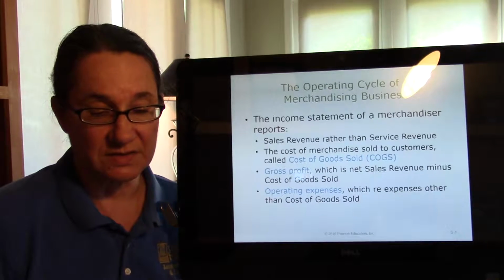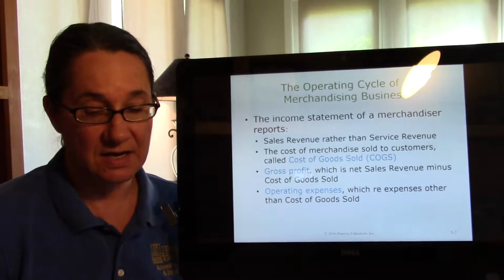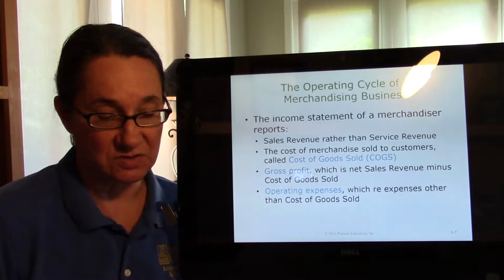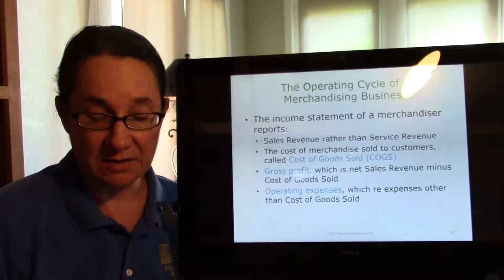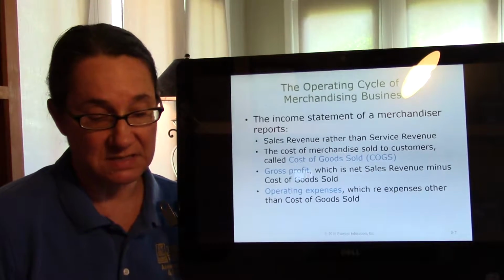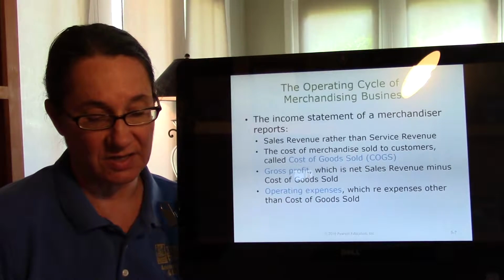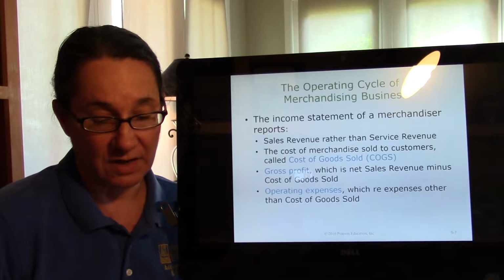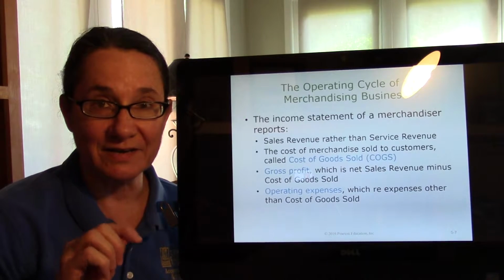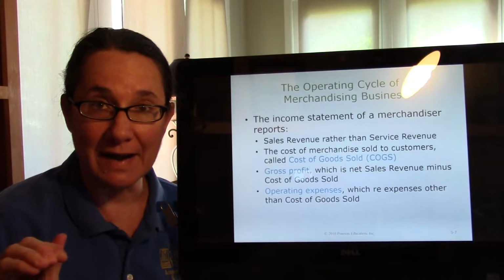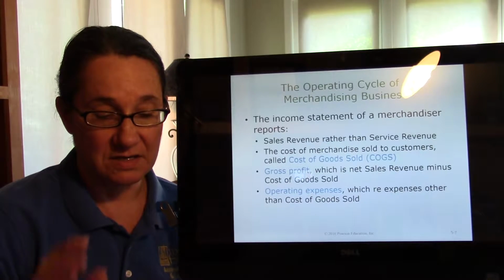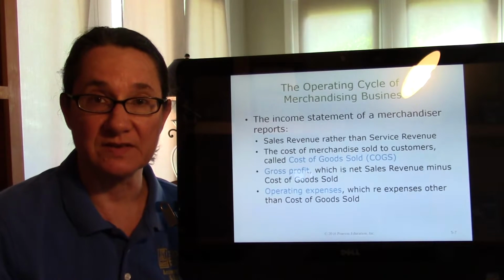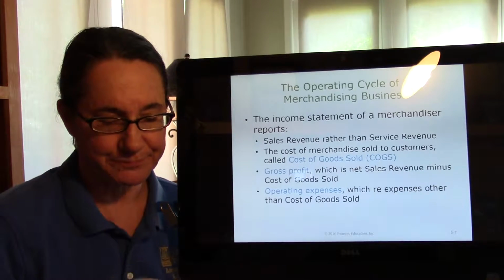The cost of goods sold is the cost of merchandise inventory that the business has sold to customers. Because COGS is usually a merchandiser's main expense, an intermediary calculation, gross profit, is determined before net income is calculated. Gross profit is the excess of net sales revenue over cost of goods sold. So gross profit is sales revenue minus cost of goods sold. So we have to calculate gross profit first. Then we take out the rest of the expenses and get net income. You'll see this in a sec.